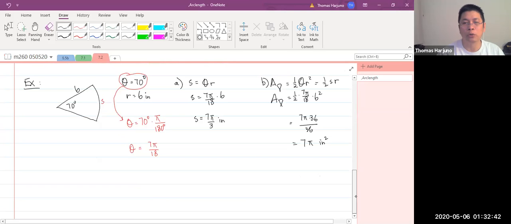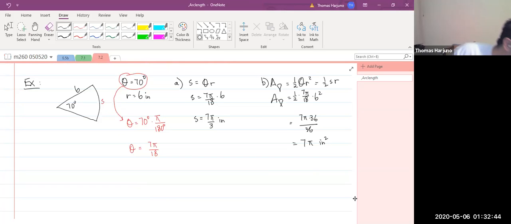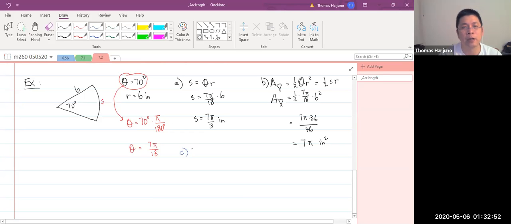Okay, you want to do 1 or 2 problems from the book? Okay, part C. Find the perimeter of that sector. Now notice that the perimeter of that sector is the arc length plus twice the radius.